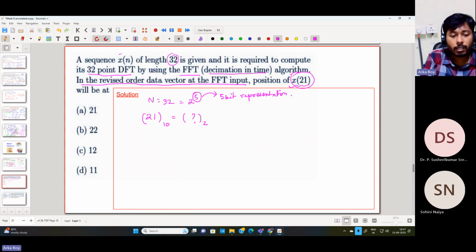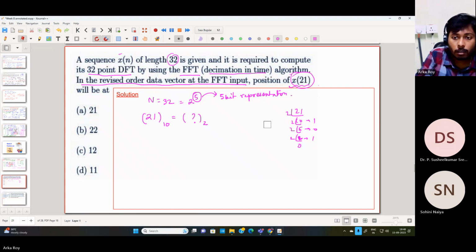To find it, we divide 21 by 2, getting quotient 10 and remainder 1, then 5 and 0, then 2 and 1, then 1 and 0, then 0 and 1.